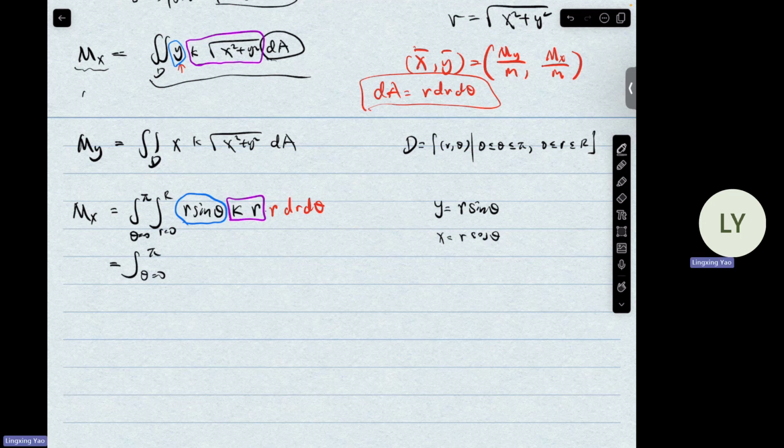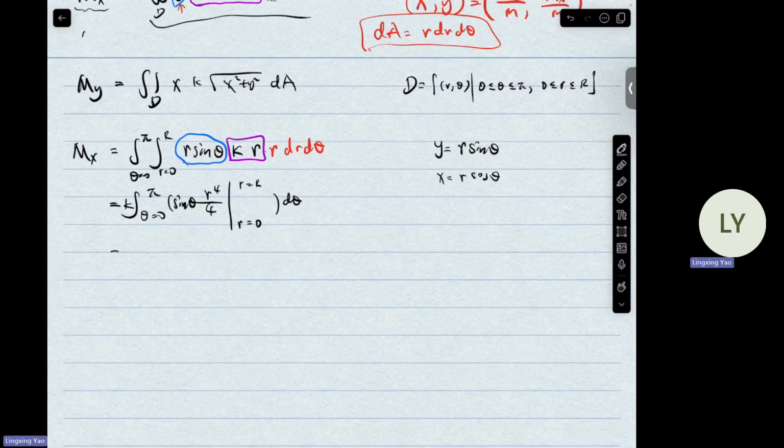The antiderivative for r cubed about r is r to the 4 over 4, right? And then there's k, we move the k out, and then there's a sine theta multiplied. So we have little r from 0 to big R. So this is what we have for the first part of the calculation, the interior integral.